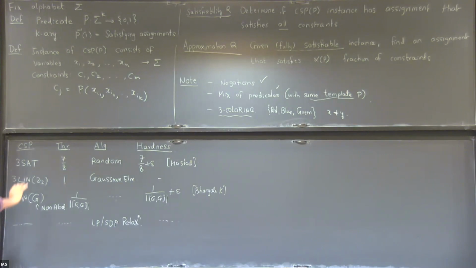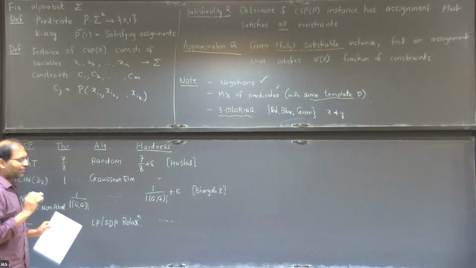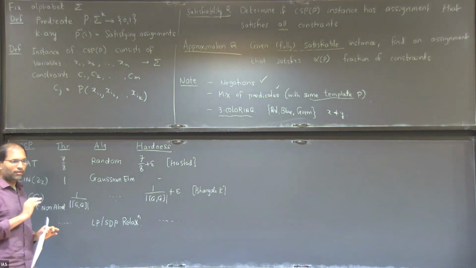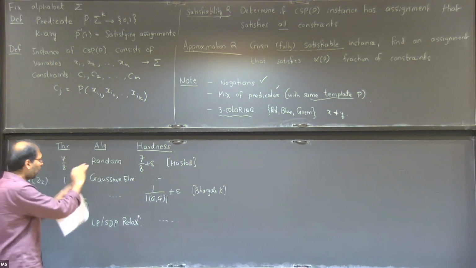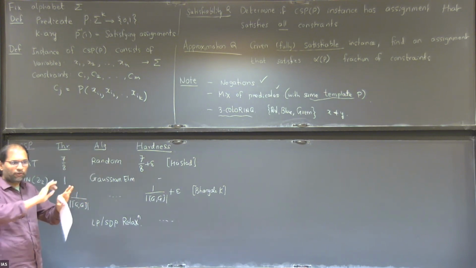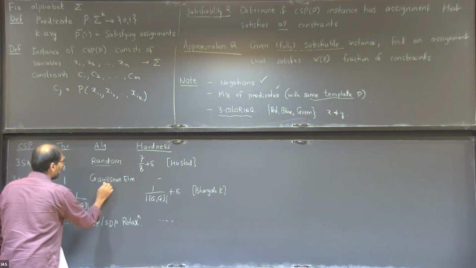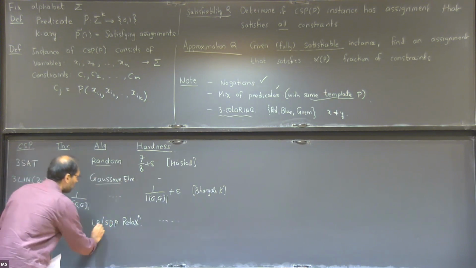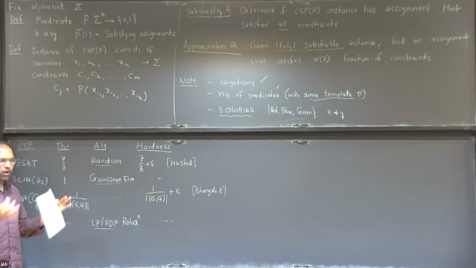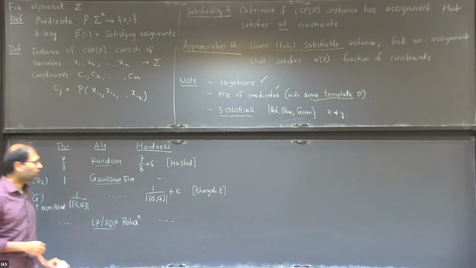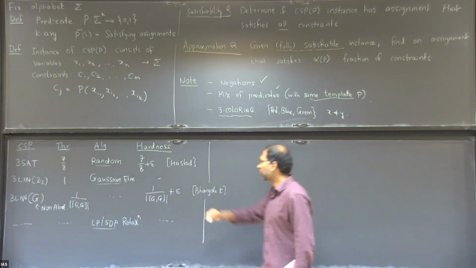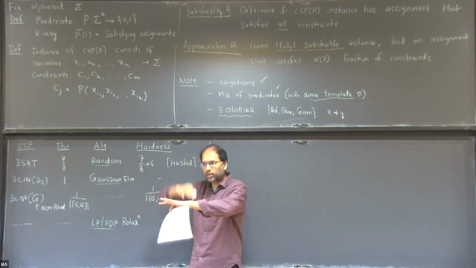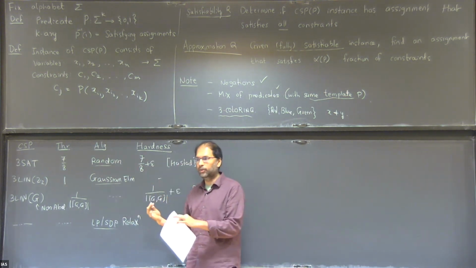So this is just to give you a hint that we are talking about non-trivial stuff, in the sense that the algorithms can be of very different kinds. You could just take a random assignment, you could do Gaussian elimination, you could do linear or semi-definite programming relaxations, this and that. Or in the long run, one would have to have algorithms which combine all these three into some kind of hybrid algorithm.